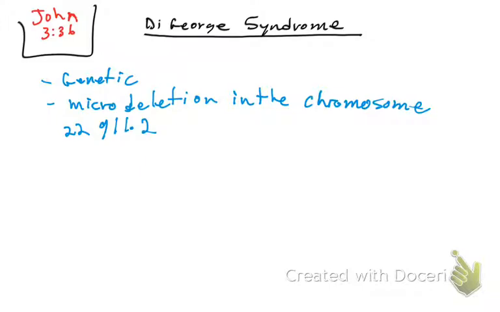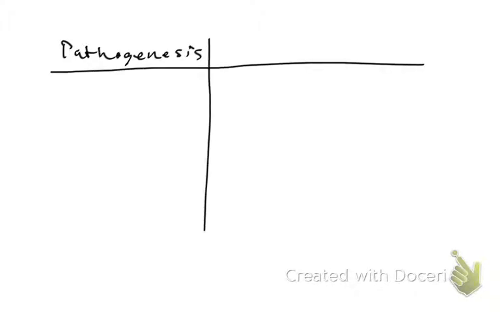Okay, now to learn a little bit more, probably we can do a table here. I will open a new slide to show the table. So the table is about DiGeorge syndrome, and we're going to see the pathogenesis and also the clinical features.